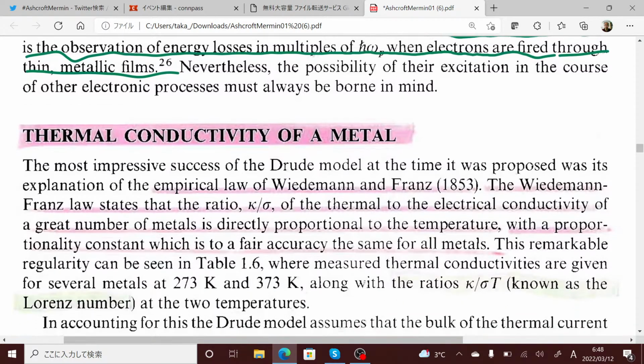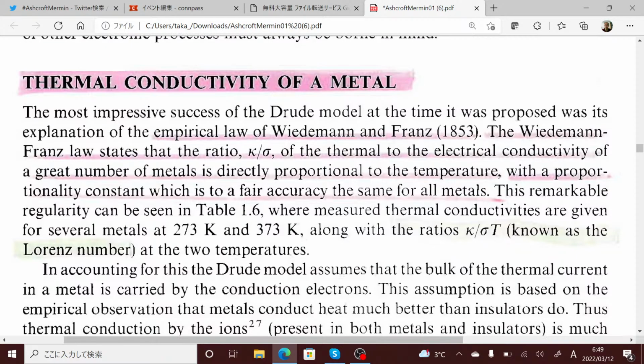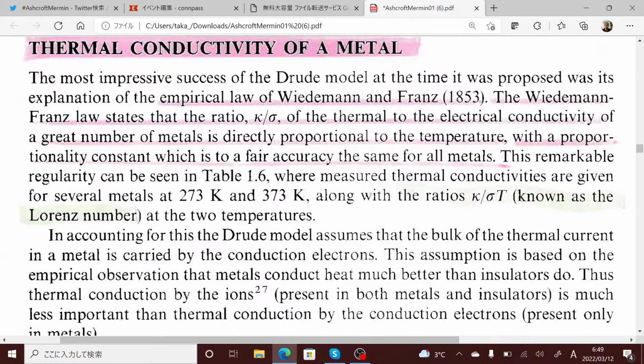Thermal conductivity of a metal. The most impressive success of the Drude model at the time it was proposed was its explanation of the empirical law of Wiedemann and Franz, 1853.